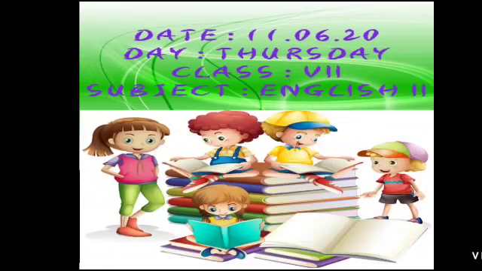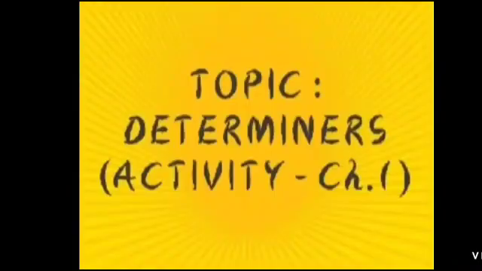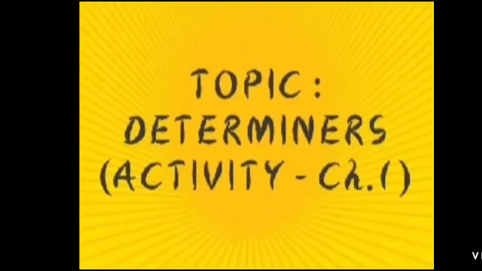Children, today we are going to revise the same points which I have already discussed in the last module. Yes, we are going through the first lesson of activity, that is determiners. And I have already explained to you the meaning of determiners, definition, explanation with examples, and also we have come to know about the types of determiners.